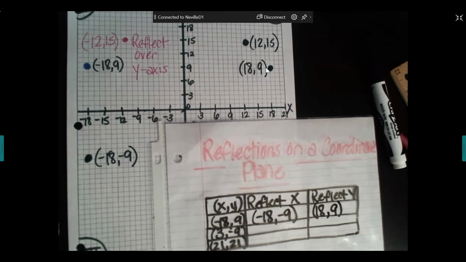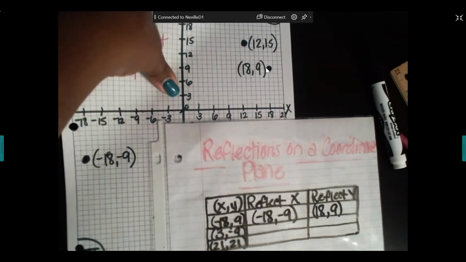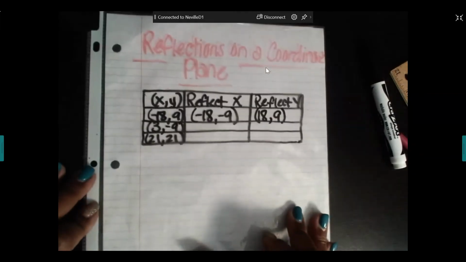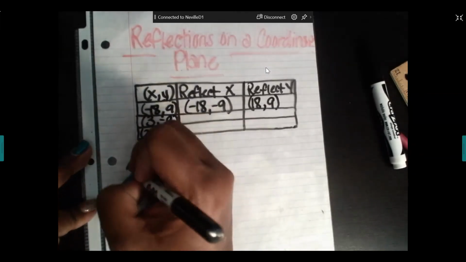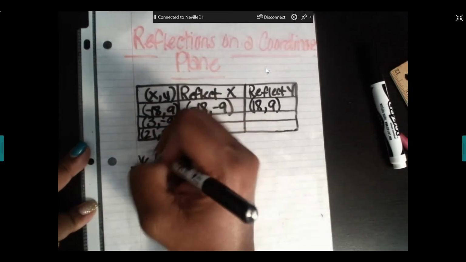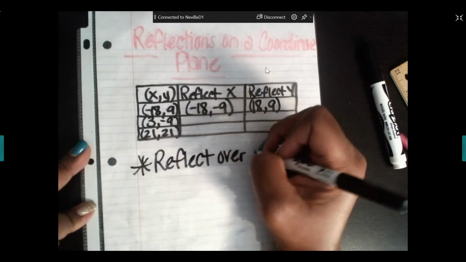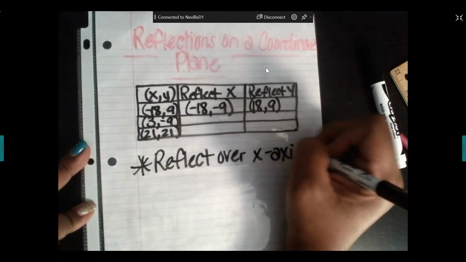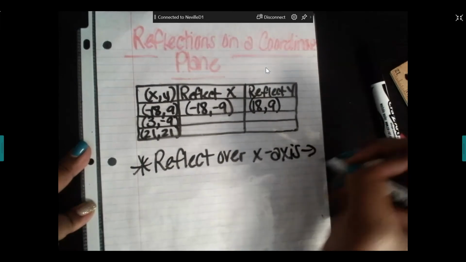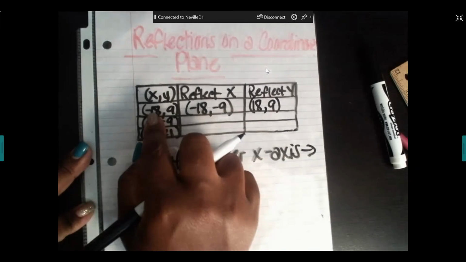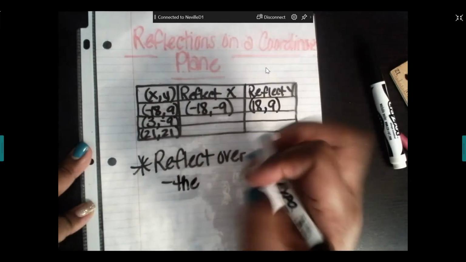Now let's write this down in our notes because you're going to do these next two on your own. So let's write down the pattern that we see. Two star statements. When I reflect over my x-axis, what changes?